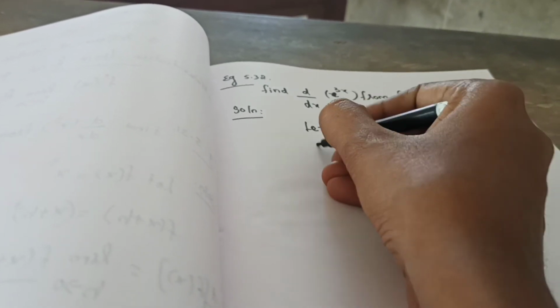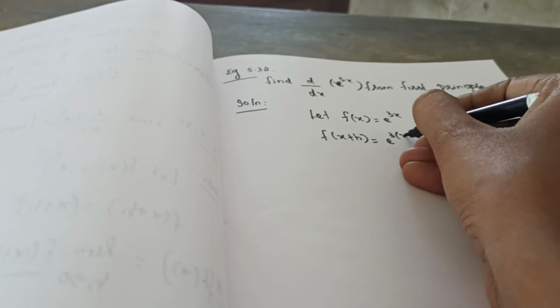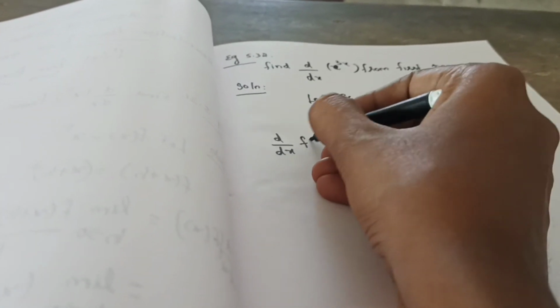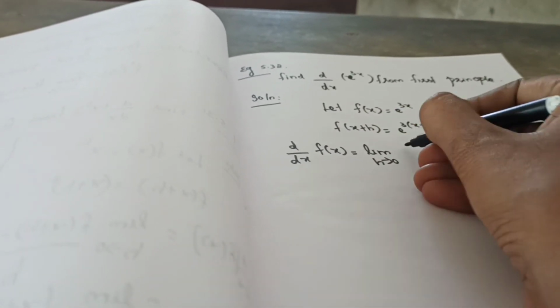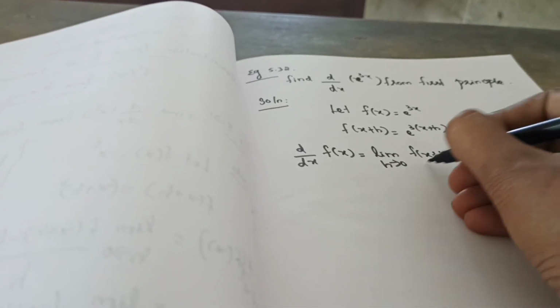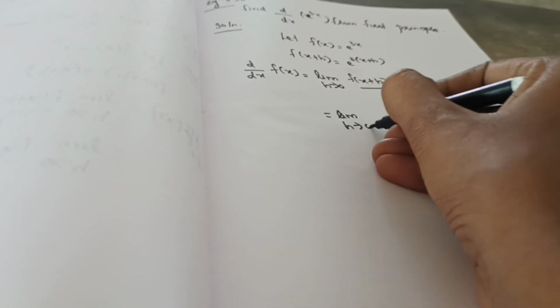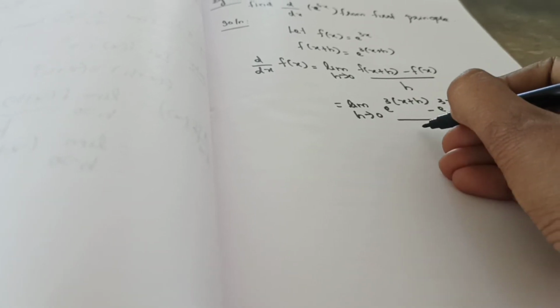So f of x plus h means x plus h is e power 3 into x plus h. d by dx of f of x is equal to limit h tends to 0 f of x plus h minus f of x divided by h, that is equal to, substituting, limit h tends to 0 e power 3 into x plus h minus e power 3x divided by h.